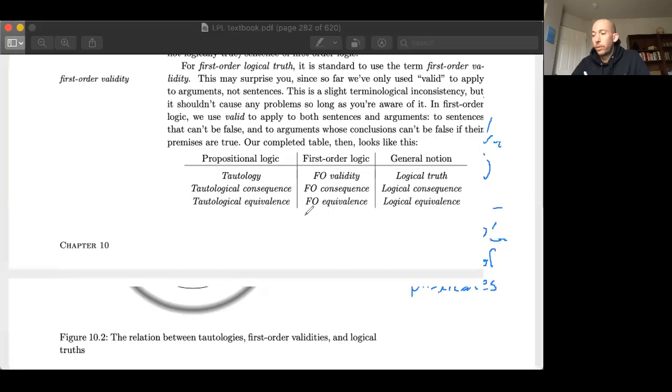All right, so let me put this down. We're going to have the connectives from over here plus the universal quantifier, the existential quantifier, as well as identity.